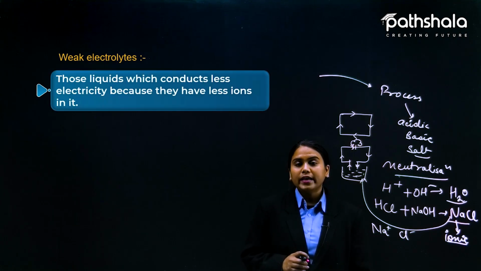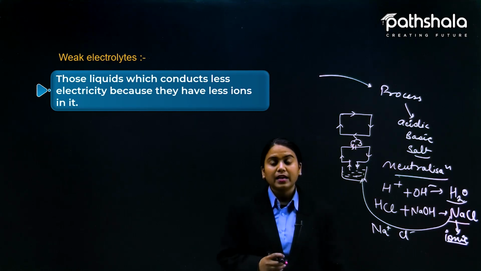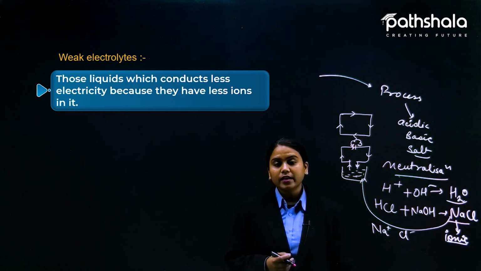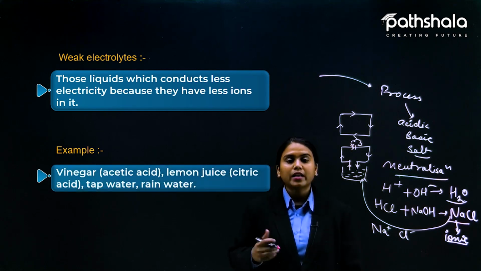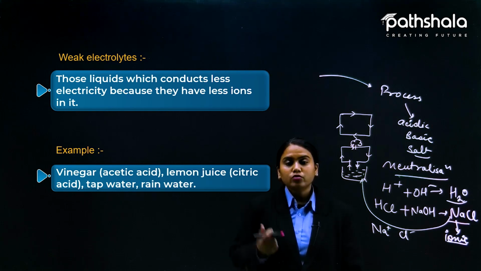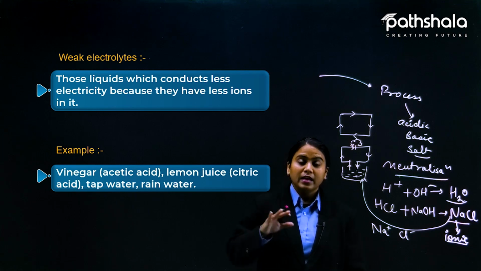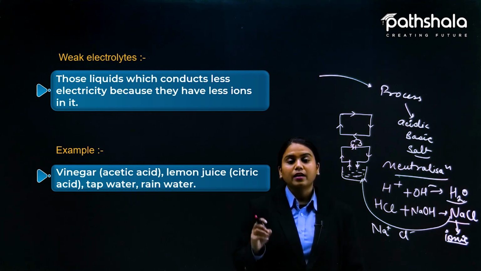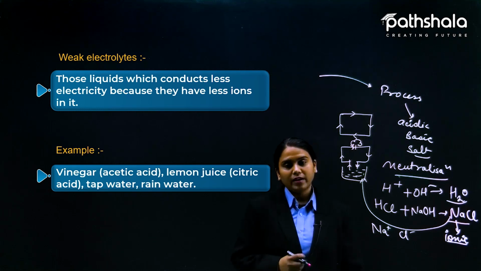Now let us see weak electrolytes. Those liquids which conduct less electricity because they have fewer ions in them. Examples for that: vinegar, which is naturally available, lemon juice, naturally available, tap water, rainwater, all these have a smaller number of ionic compounds. That is why they conduct less electricity.